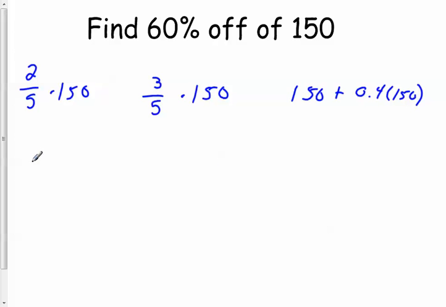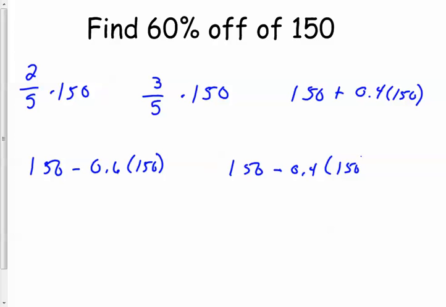What about 150 minus 0.6 times 150? Or 150 minus 0.4 times 150? So let's look at these guys. Oh, I did that one twice. Okay, so let's look at these.